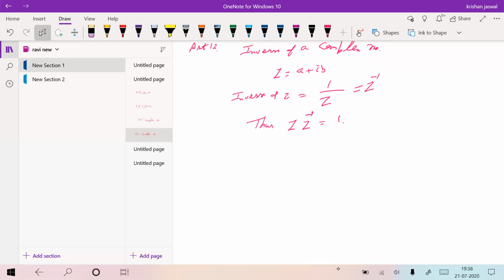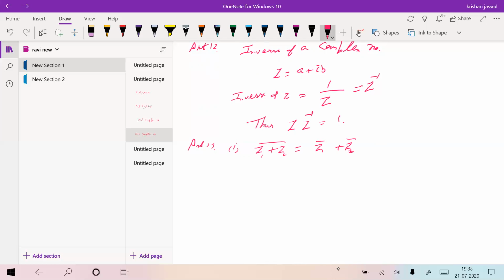Article 13. First result, conjugate of Z1 plus Z2 is equal to conjugate of Z1 plus conjugate of Z2.